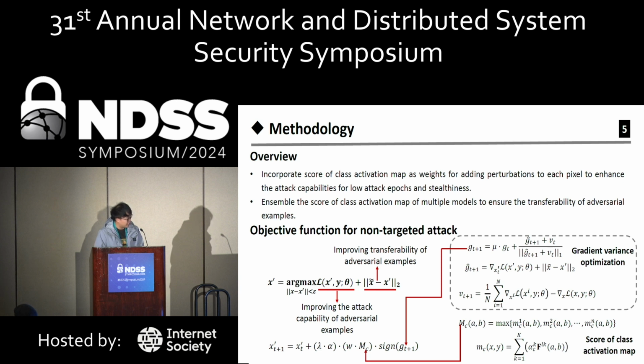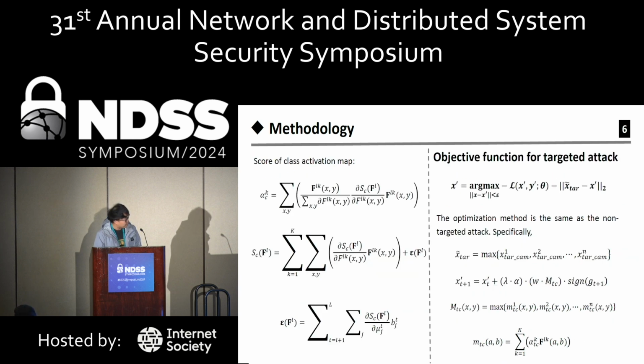We use the gradient variance optimization method and the score of the class activation map to search the adversarial perturbation. The computation details of the class activation mapping score are as follows.